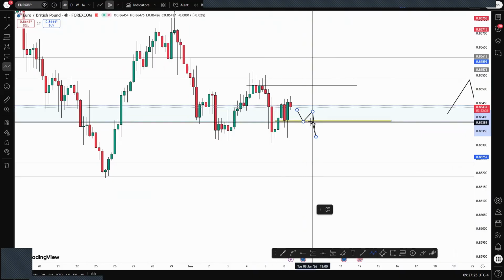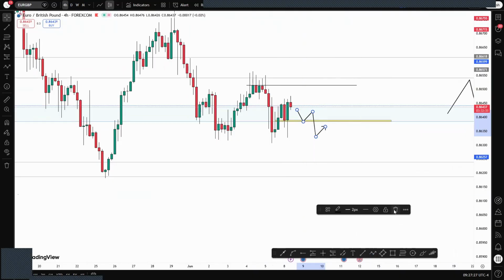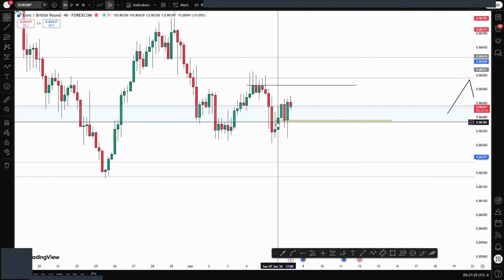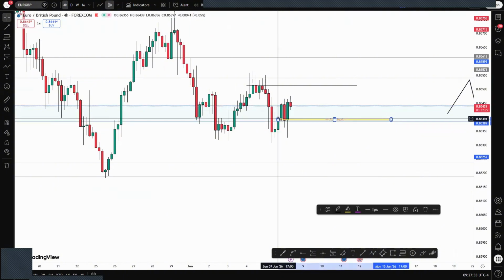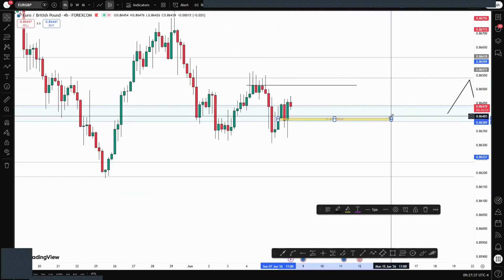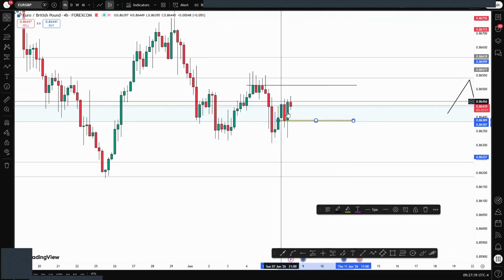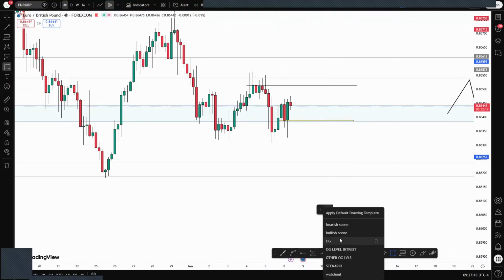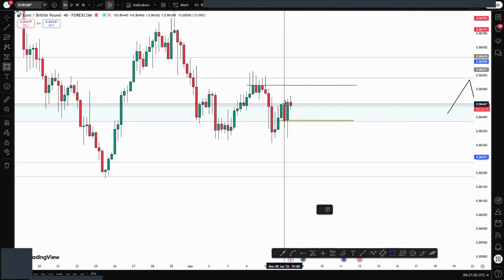I think even if it doesn't leave any structure, this is already our potential higher low, our potential structure point where price can sell from, because this might turn into our higher low, this point here.